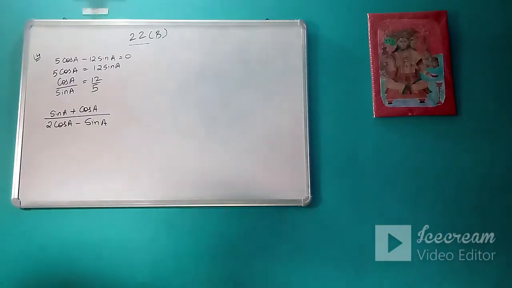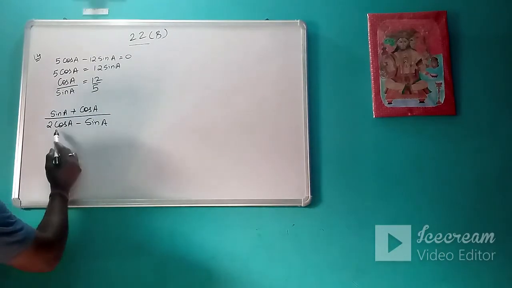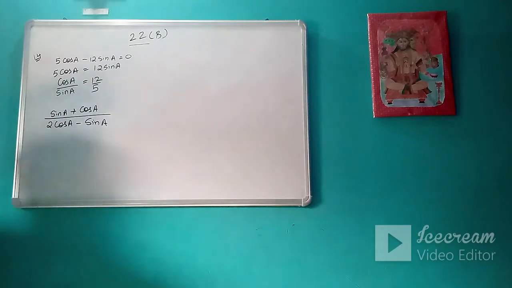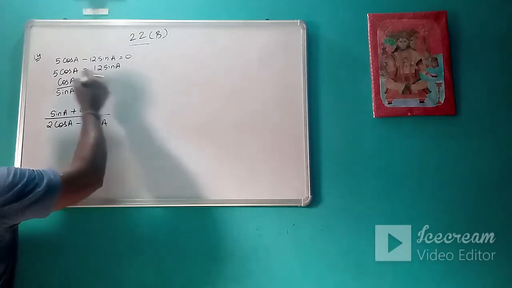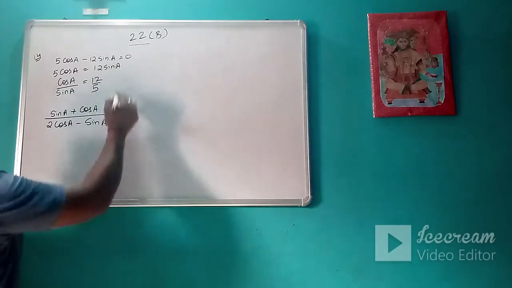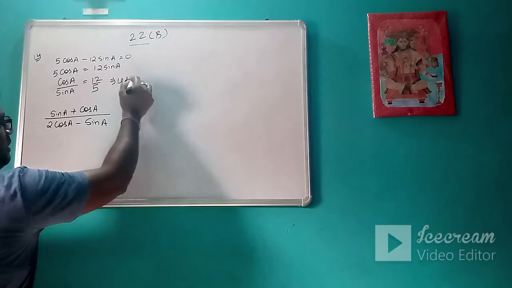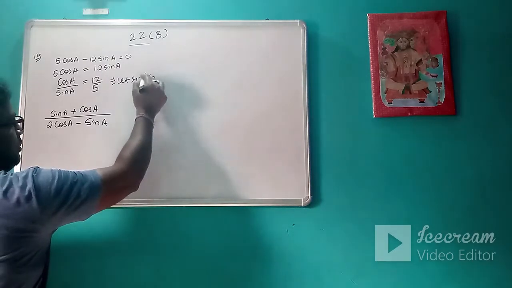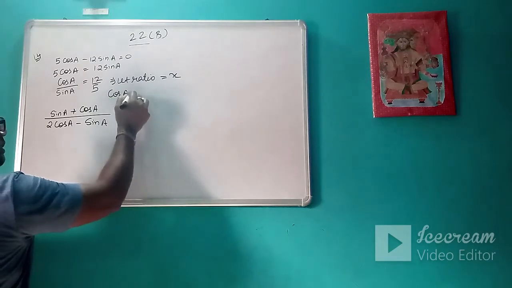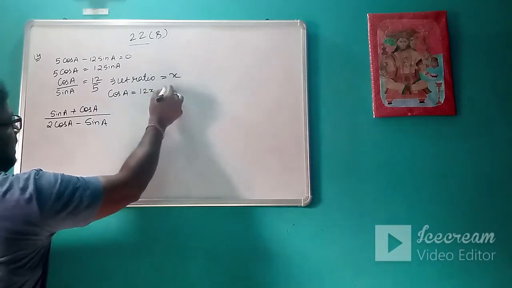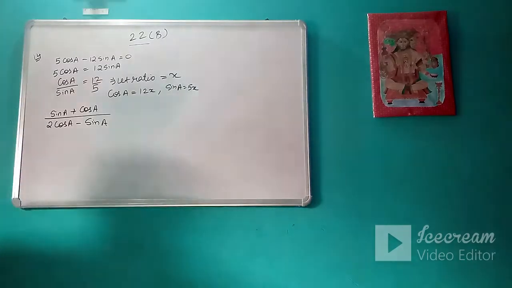Okay. Now see what we need. Sin A, cos A, sin A. So I will treat this whole as a ratio. So I will take it like this. Let the ratio be equal to x. So you will get cos A equal to 12x and sin A equal to 5x. Okay.